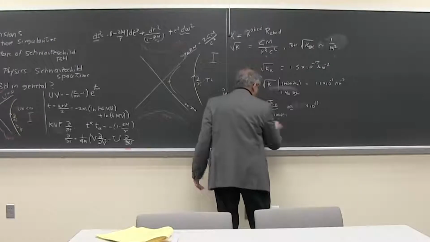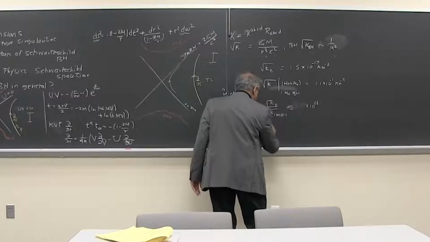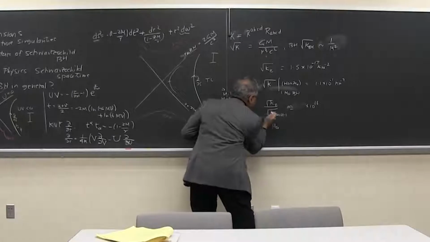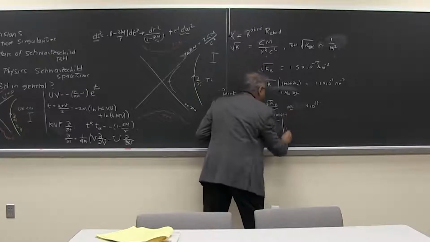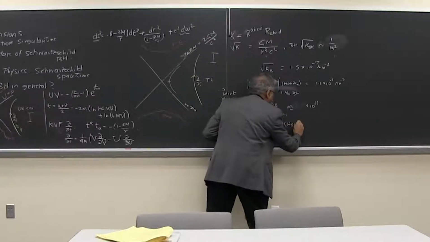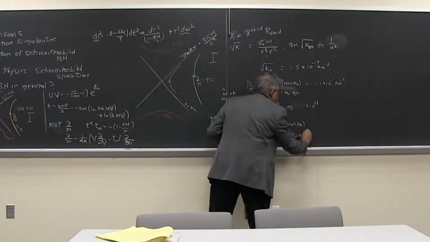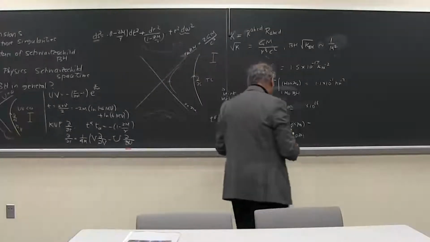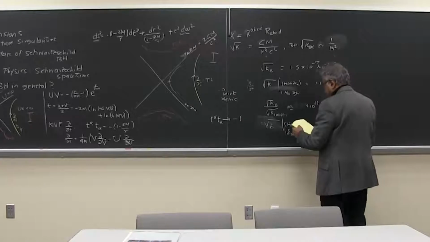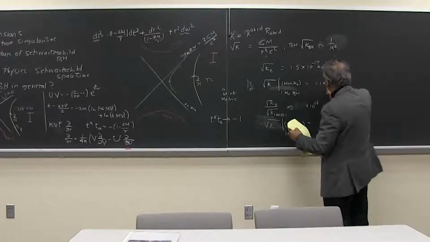So if I have a supermassive black hole, and I calculate this same quantity, square root of K at the horizon for 10 to the 9 solar masses, you calculate how much it is, and it is about less than on Earth.